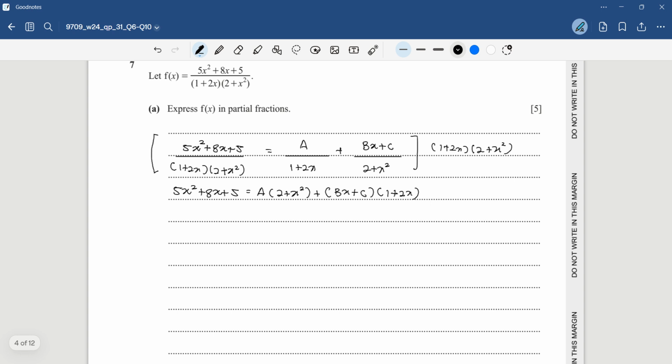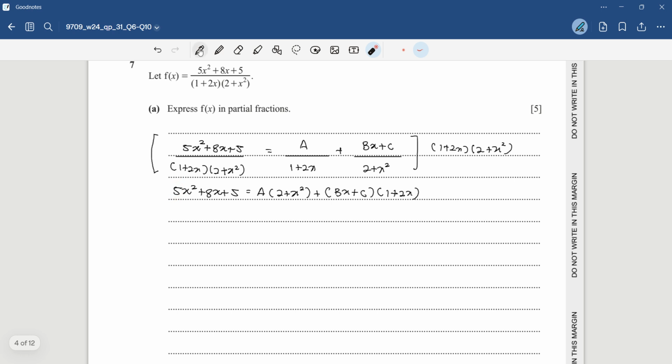For this you can use a few different methods to find a, b, and c. You can expand this equation, and then compare the coefficients. For example, here the coefficient of x square is 5. Then you can expand and see what the coefficient of x square is for this case.